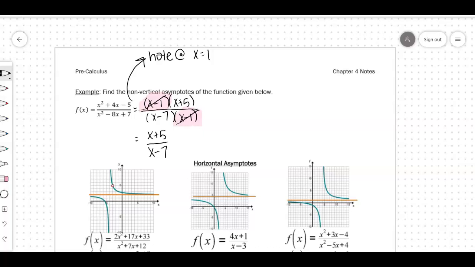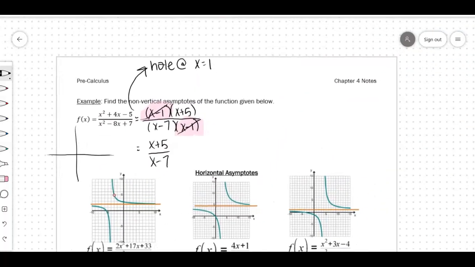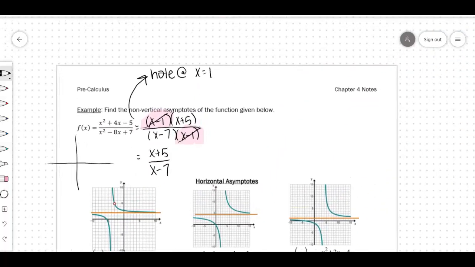Real quick, just thinking through the graph of this, we know that we would have a hole at x equals 1, and we know that we'd have a vertical asymptote at 7. Also, looking at the degrees, notice the degree is the same, so you could look at the coefficients, which would be 1.